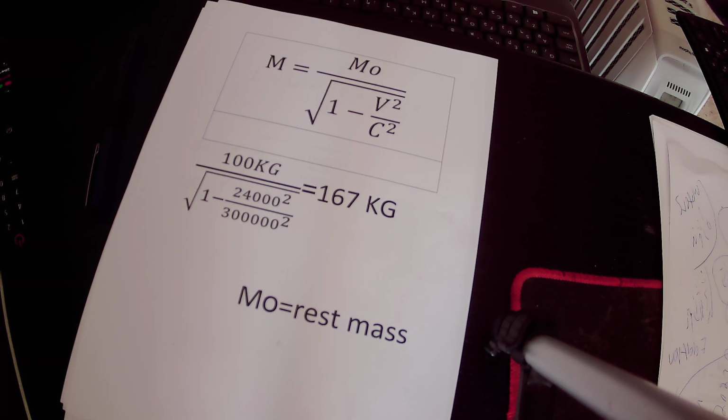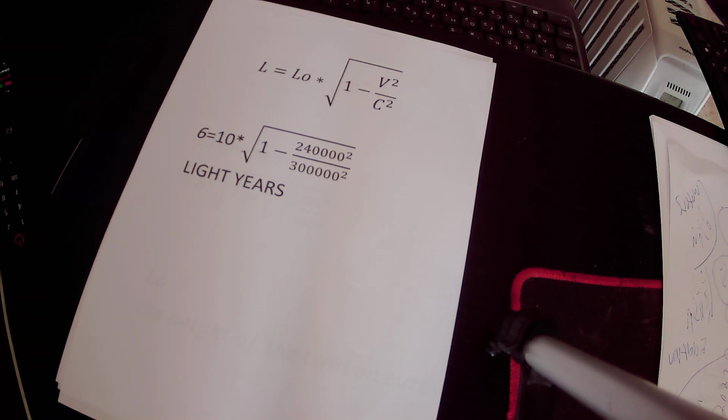Okay, now I will talk about length contraction. As mentioned, the distance from Earth to the star Epsilon has shrunk from 10 light years to 6 light years only, from the point of view of the twin brother flying in the spaceship.